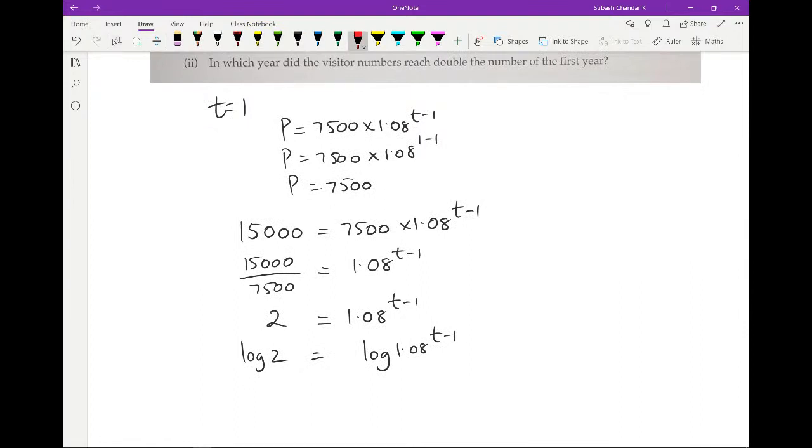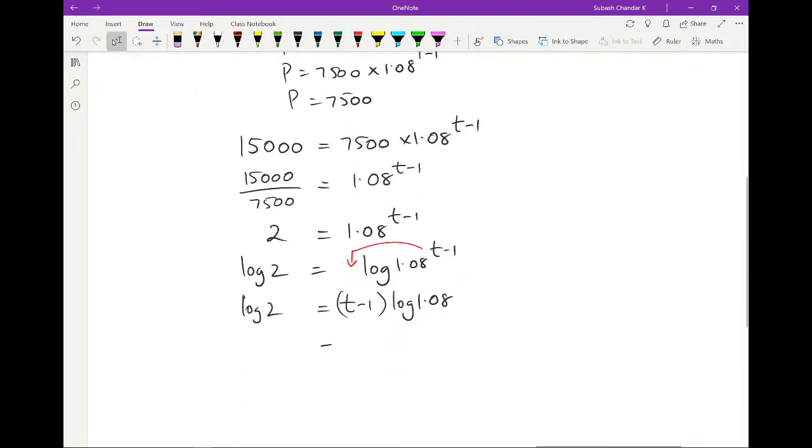And remember that you can bring the power to the front. When we do that, we get log 2 is equal to t minus 1 multiplied by log 1.08. Then t minus 1 is log 2 divided by log 1.08.